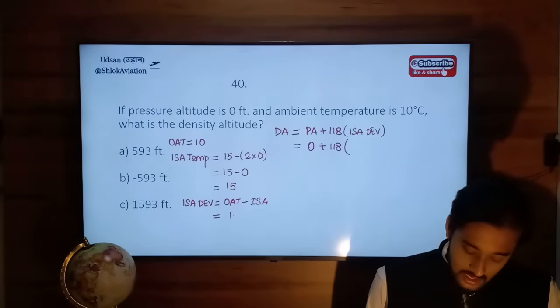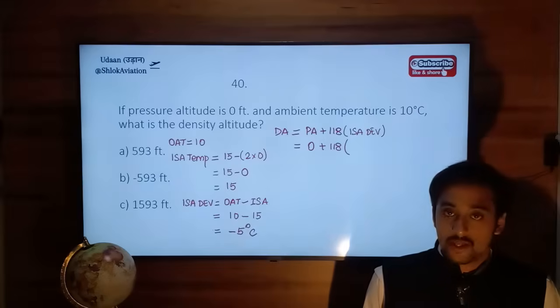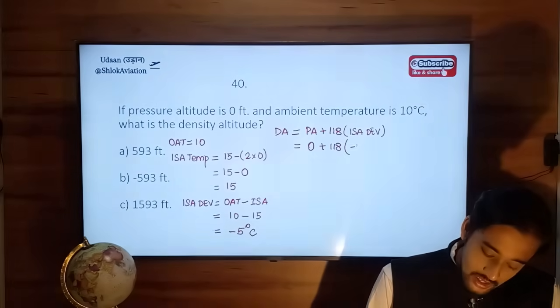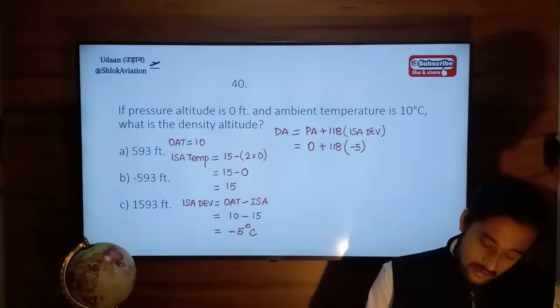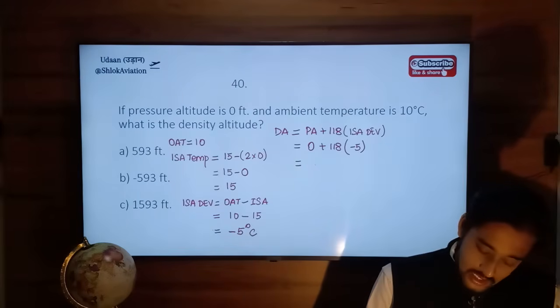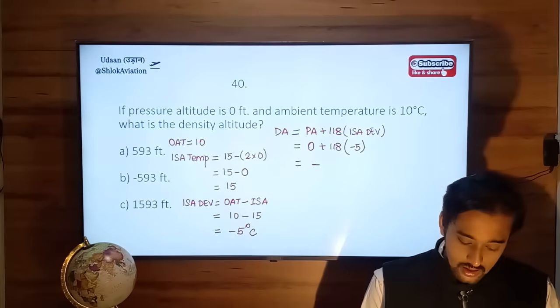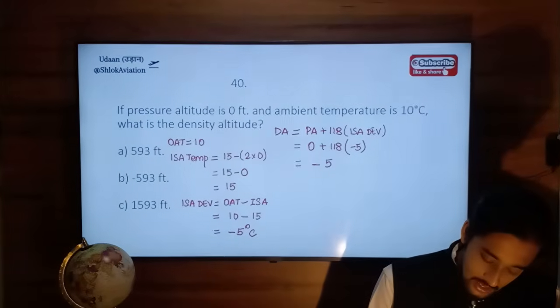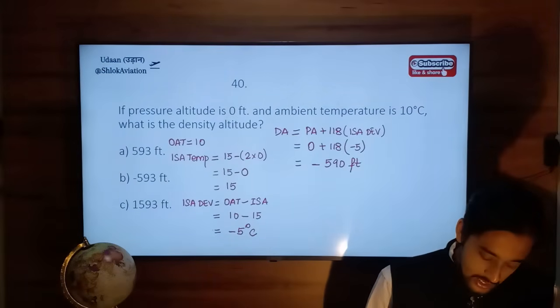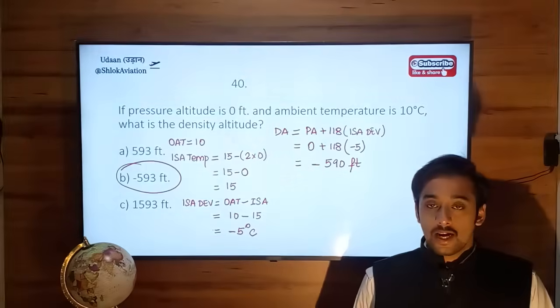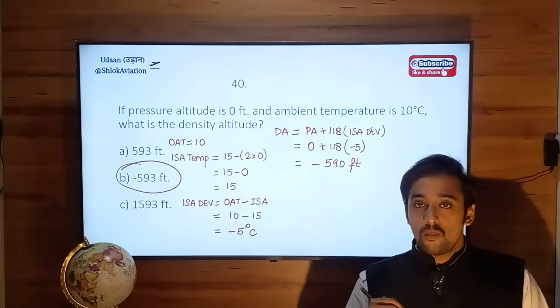Outside air temperature is 10, ISA temperature is 15. 10 minus 15 is minus 5 degrees Celsius. Let's put the value here. Minus 5, so plus minus minus 118 into 5 is minus 590 feet. So the correct option is option B. That means density altitude is below pressure altitude.